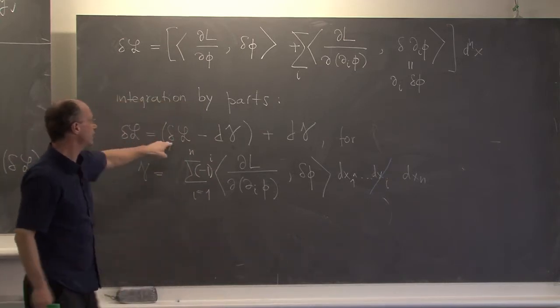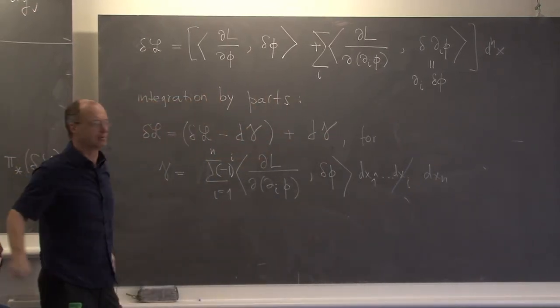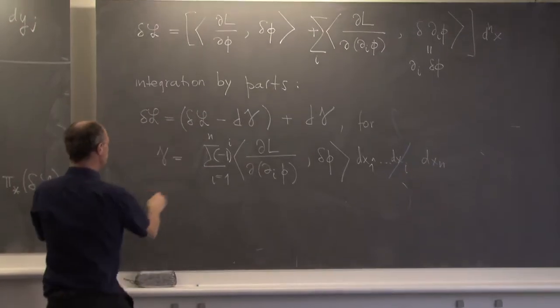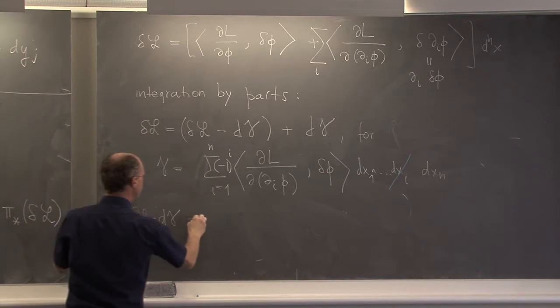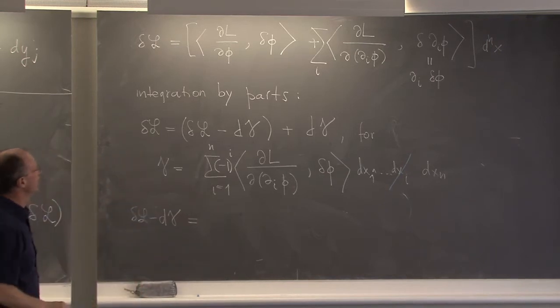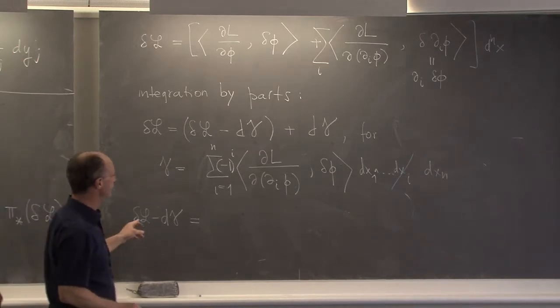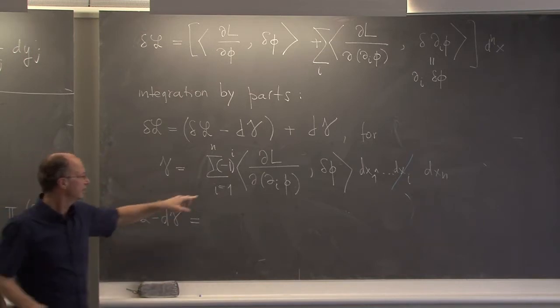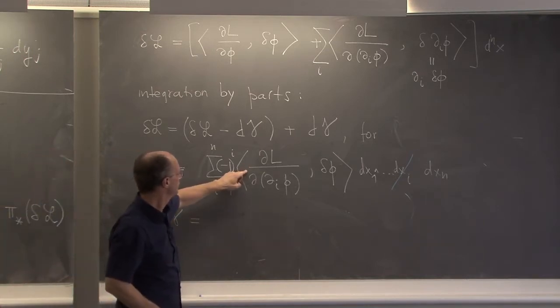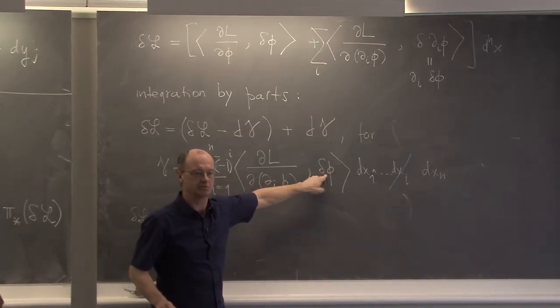Of course, this equality holds true for any gamma. So there is no doubt about it. Now, what is this delta L minus d gamma? So the claim is as follows. This d will hit either this term or that term.